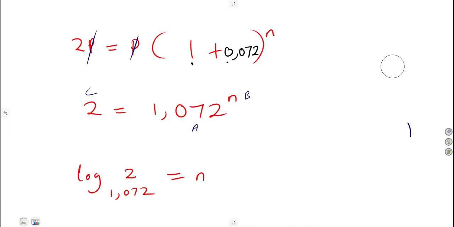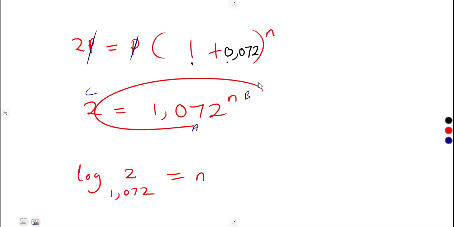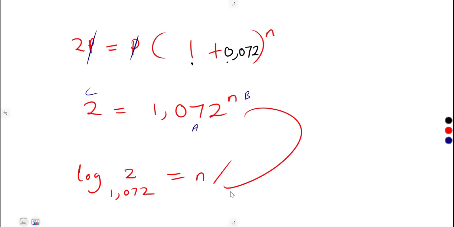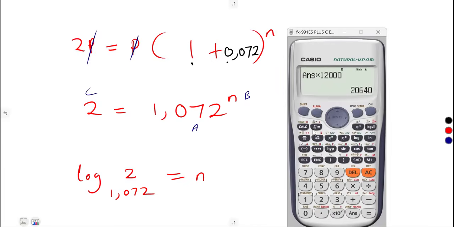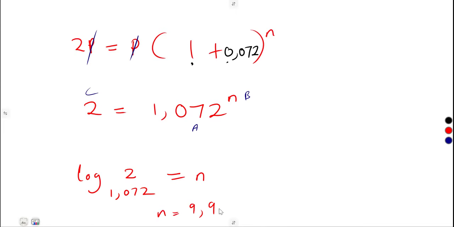So guys, you can use any way that you understand conversion from exponential form to log form can help us to find that n. Since we have got our calculator, in the base of 1,072, press this log, in the bracket we put 2 there. So that was going to be 9,969 and so on, which is 9,7.